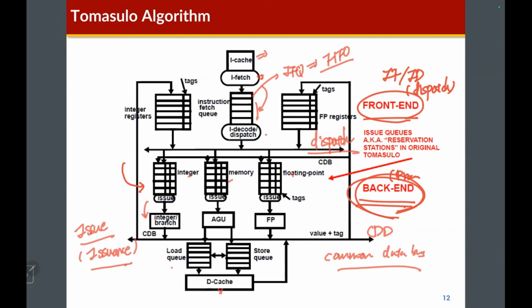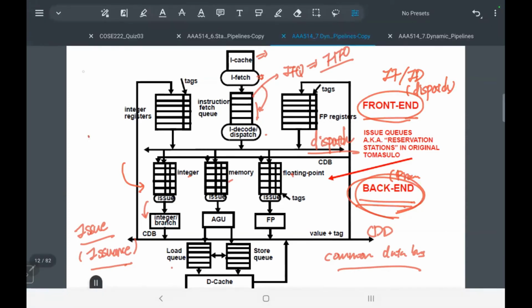Which means that if instructions are issued to this issue queue, then we may have to add R1, R2, R3. For example, this instruction is dispatched to an integer type issue queue. Then we know that to execute this instruction requires two operands, R2 and R3.